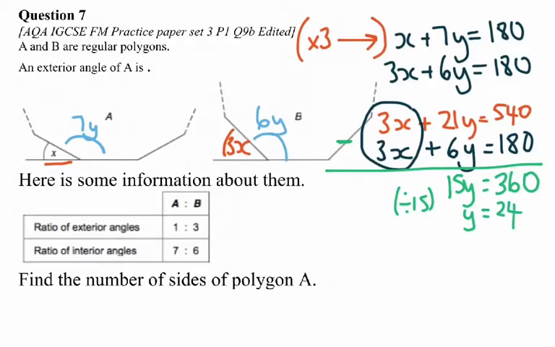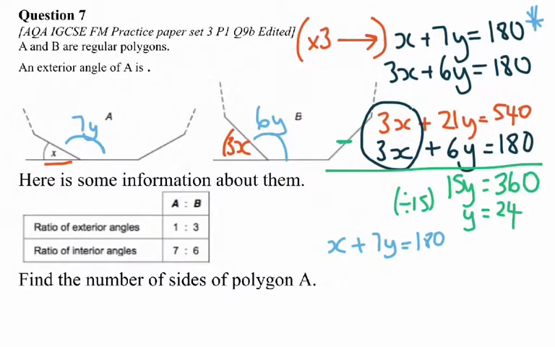Okay, well, that's helpful, but I still don't know what x is. And x is really key because x represents my exterior angle, and I can find the number of sides on any shape nice and easily if I know that exterior angle. So the next thing I'm going to do is substitute my value for y into one of my first equations. So I'm going to use my equation at the top that I've just put an asterisk next to. So I know that x plus 7y equals 180.